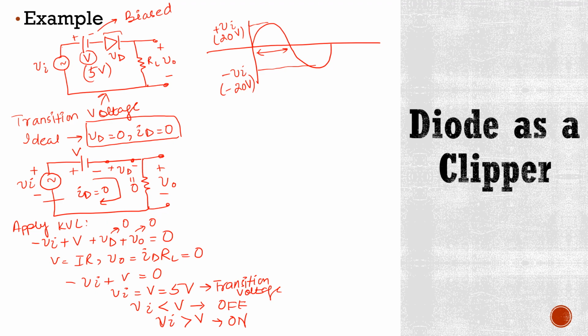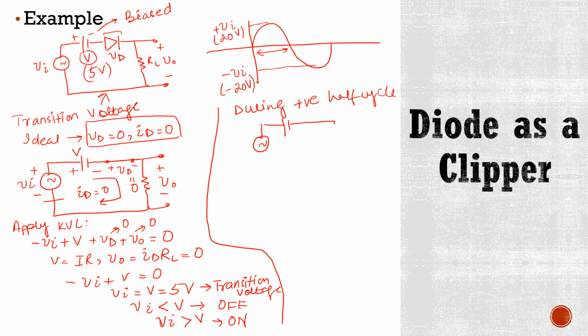Okay. Now you will analyze this circuit during positive half cycle. Now this diode will be on and this is your circuit, and here we have V naught, positive, negative. Here we have Vd, positive, negative. This is positive, negative, V. Now this terminal is positive, this is negative, this is Vi.